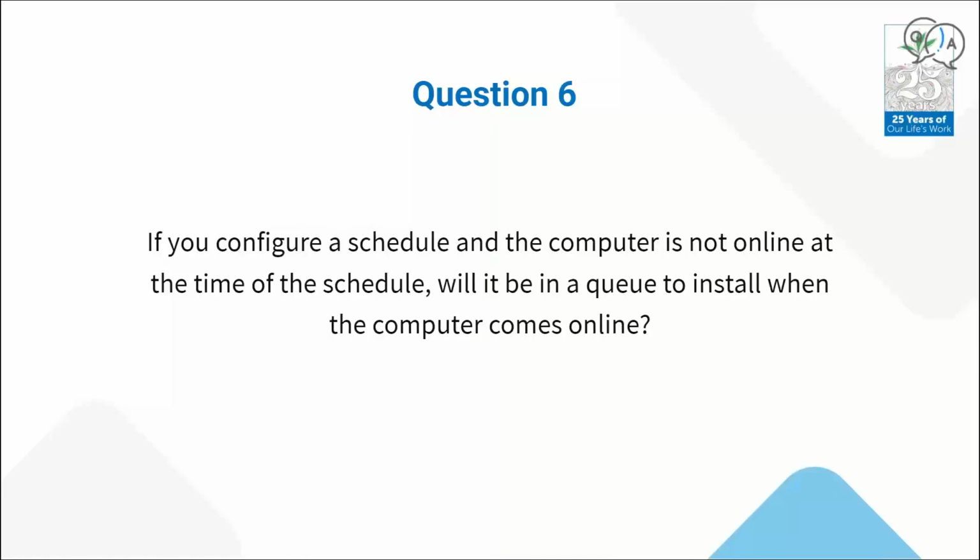If you configure a schedule and the computer is not online at the time of schedule, will it be in queue to install when the computer comes online? If the deployment window is still open, the applications or the configurations will be in queue and install when the computer comes online.